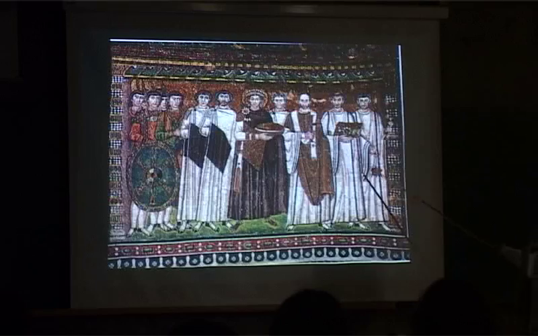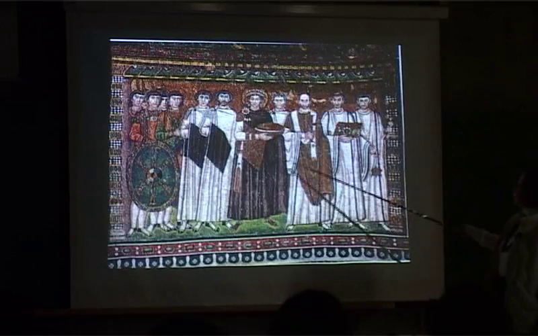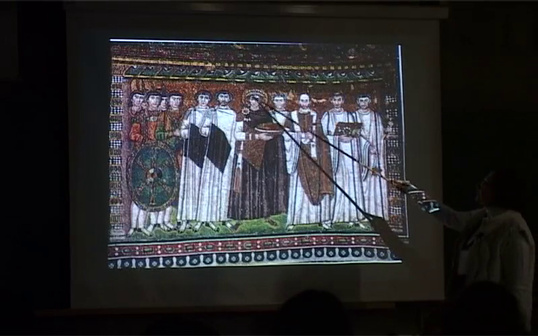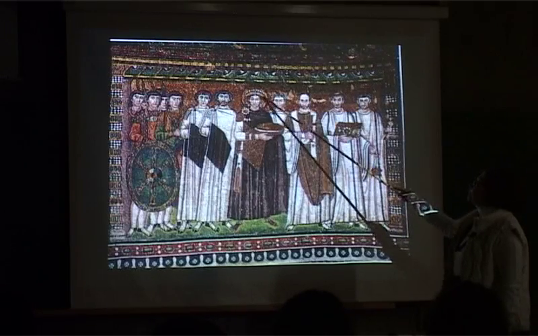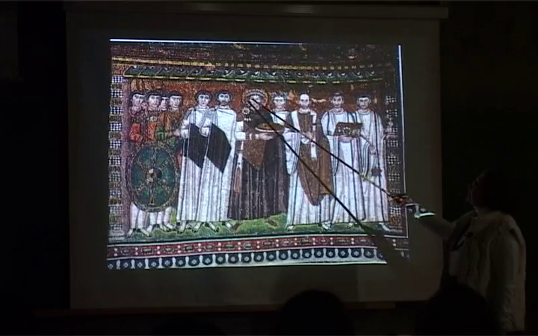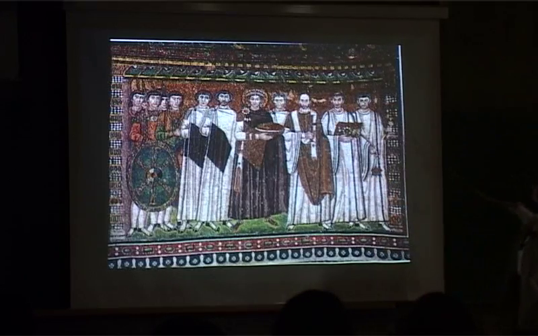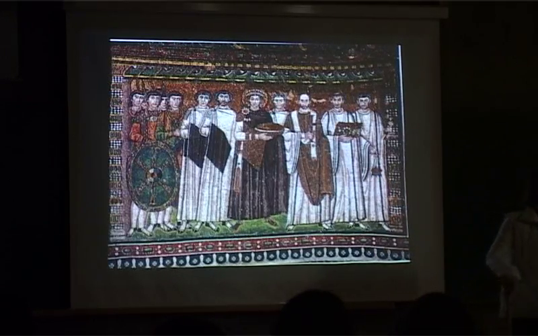So you have Justinian in full imperial regalia, complete with his throne, with his crown, and then the golden colored tesserae on the background. And this is a microcosmic world.